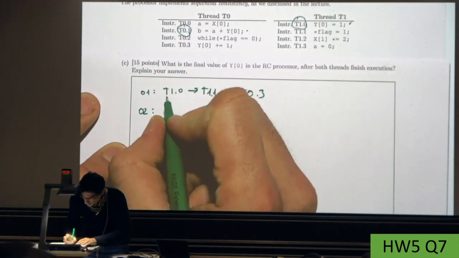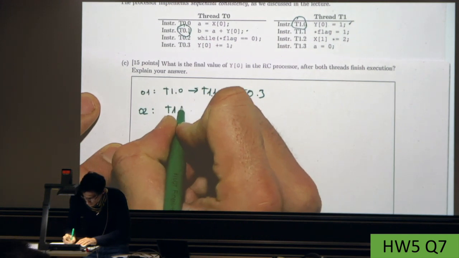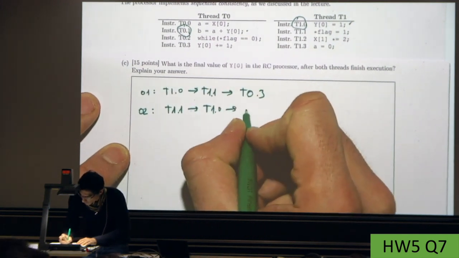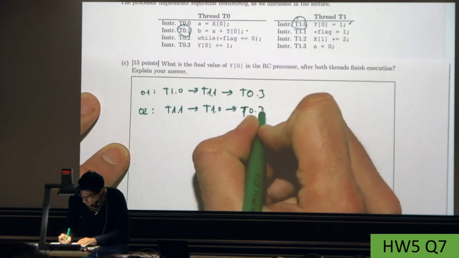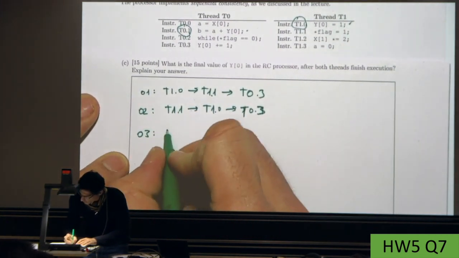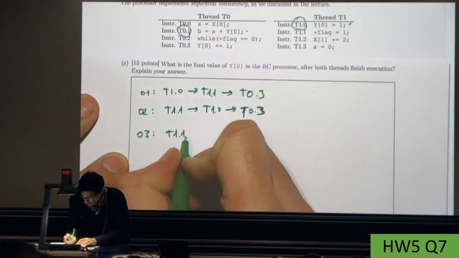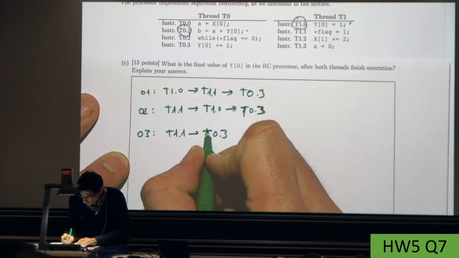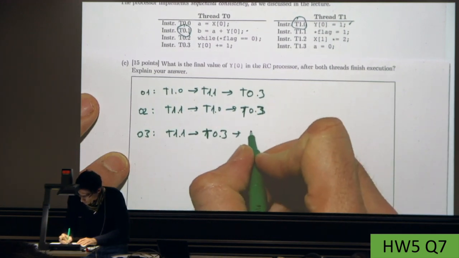Ordering 2 is T11 before T10 before T03, and ordering 3 is T11 before T03 and before T10.